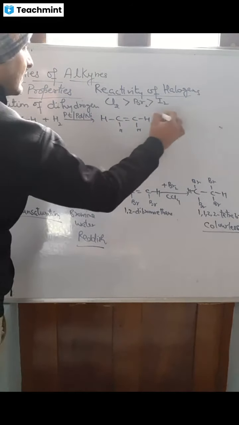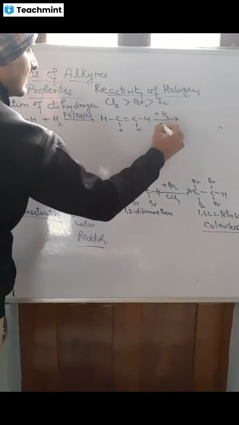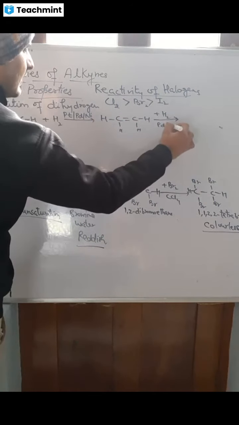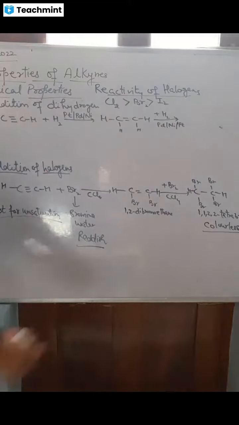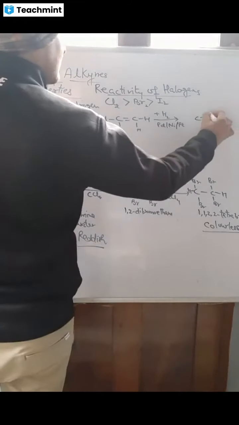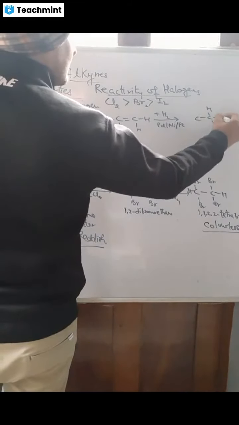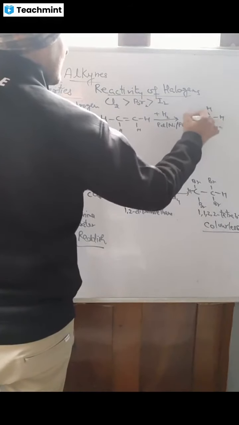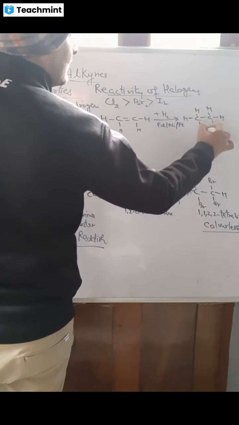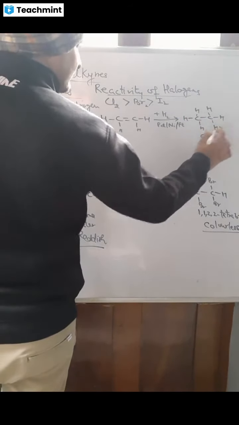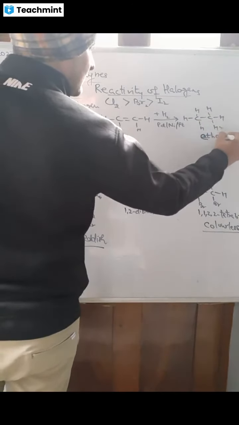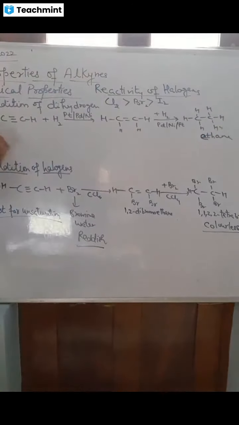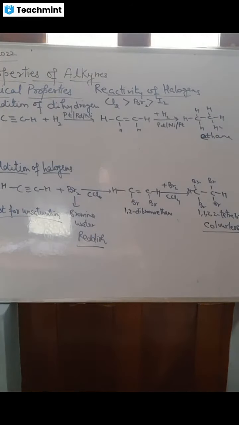Then again H2 with any catalyst changes it to ethane. This should be ethene, okay, beta. Clear?